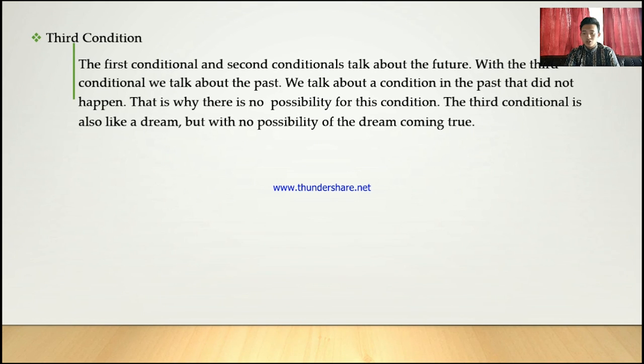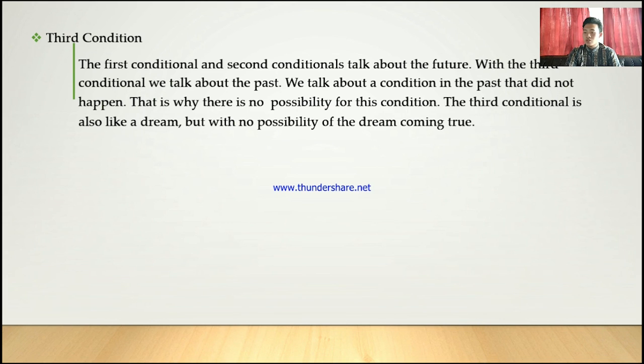Next, third conditional. The first conditional and second conditional talk about the future. With the third conditional, we talk about the past. We talk about a condition in the past that did not happen. That is why there is no possibility for this condition.